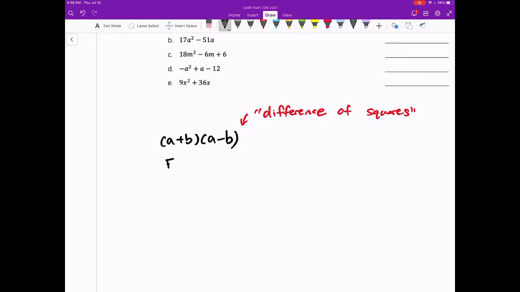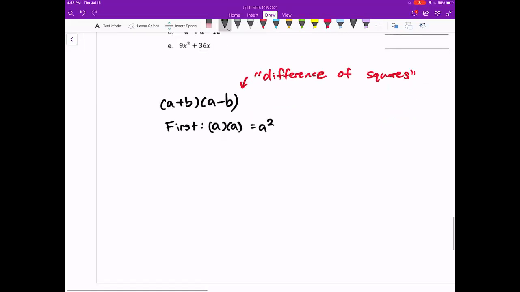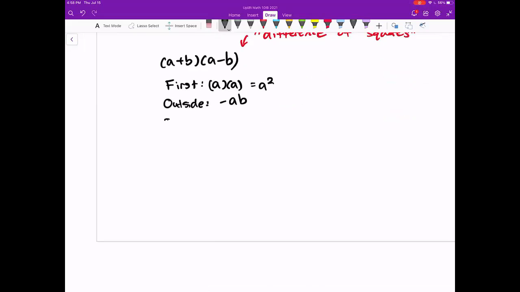So first, we get a times a, which is a squared. And then for the outside, we get negative ab. And then for the inside, you get positive ba.